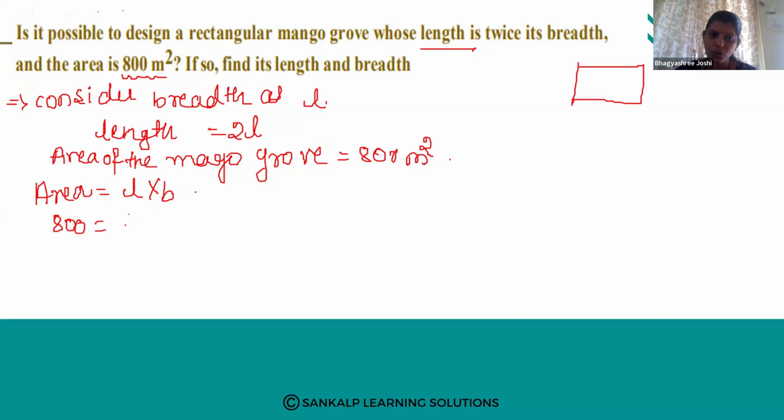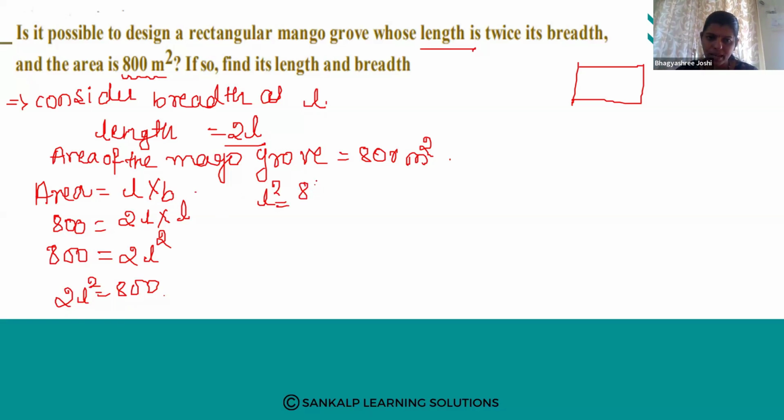Length is 2L, and breadth we considered as L. Now, 800 is equal to 2L into L is 2L square. So 2L square is equal to 800. That means transfer this 2 to this side. So L square is equal to 800 divided by 2. So 2 4s are 8, 0, 0. That means L square is equal to 400 you will get. So L square is equal to 400.